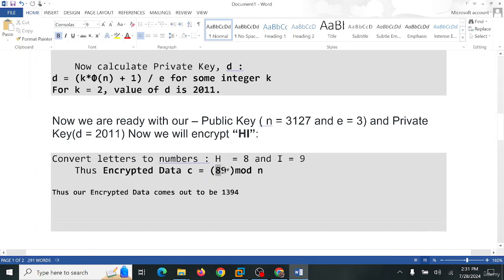So 89 power e, mod n, gives us the value c. What is c? C is the ciphertext, which is the encrypted text. So "hi" has been encrypted into this c, which is 1394. So 89 is the original message, and it has been encrypted as 1394.